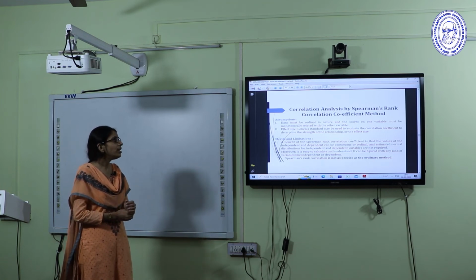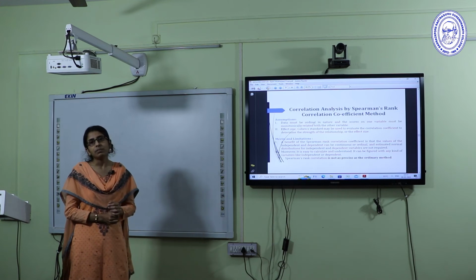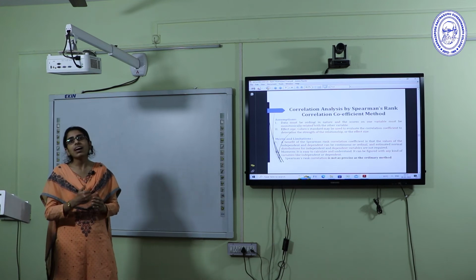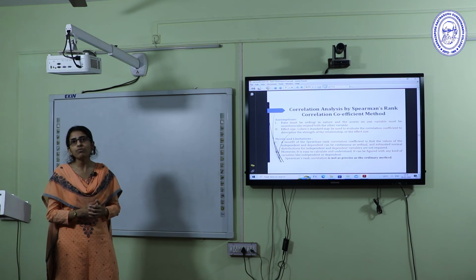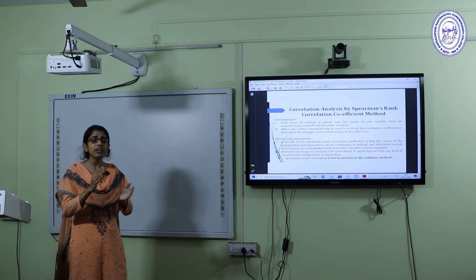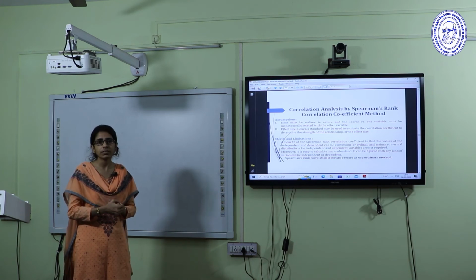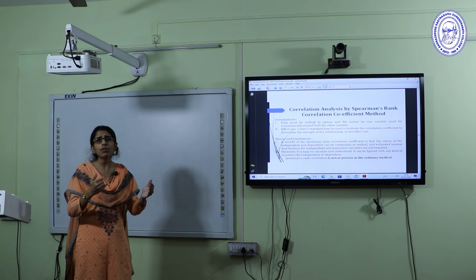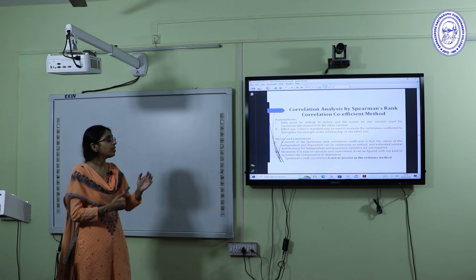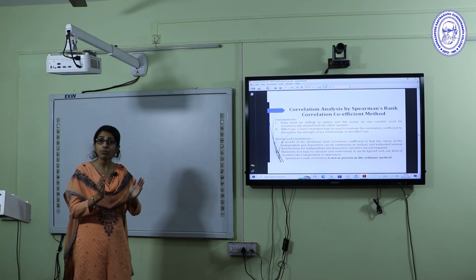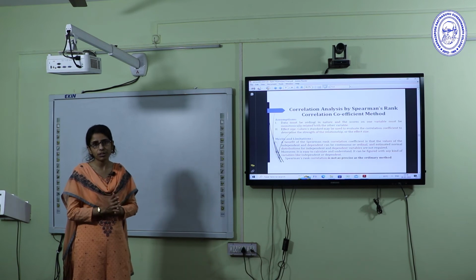But the only limitation is that this kind of correlation coefficient is not very precise like Pearson's or general methods. When we have a large data set or a number of outliers, then it may influence the value of the coefficient of correlation.